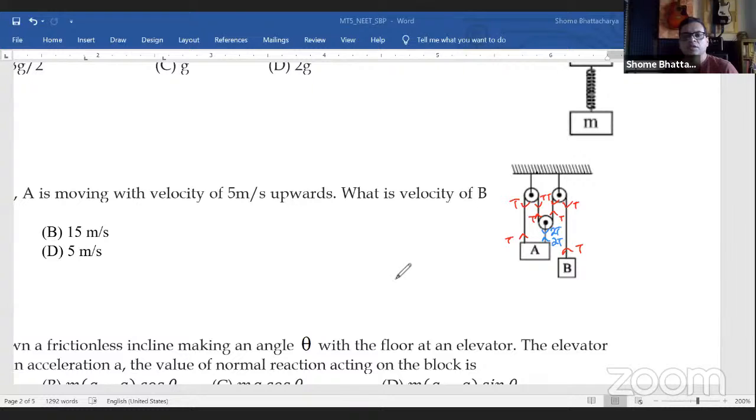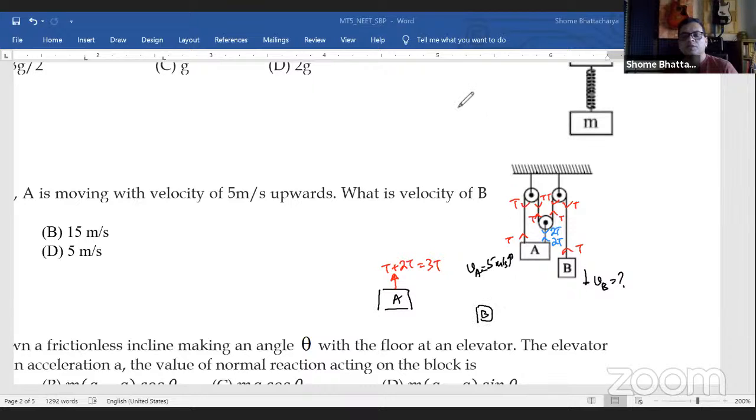So on the block A, how much net tension is acting? 3T tension is acting. And A is moving up with 5 meters per second. Or 5 meters per second is the velocity of A. So B will be moving down with some velocity if you want to find out.